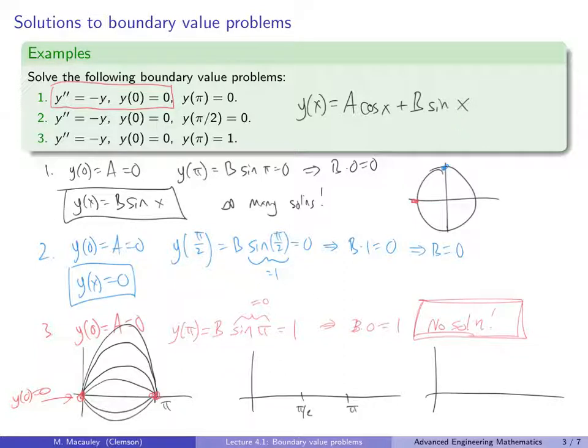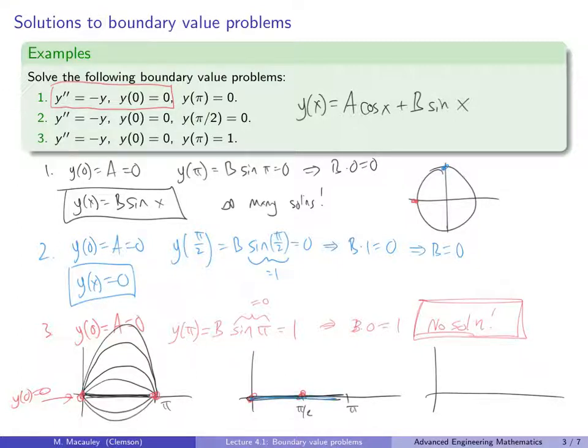Now they have to be sine waves because of this condition. So they go through 0, and they have to go through pi. There's infinitely many of them. However, if we force them to go through pi over 2, none of these functions here are going to go through pi over 2 except, well, there's one of them. That's the 0 function. So if we require that our functions of this form go through that point and that point, there's only going to be one of them, and that's the 0 function, and that's what we got right here.